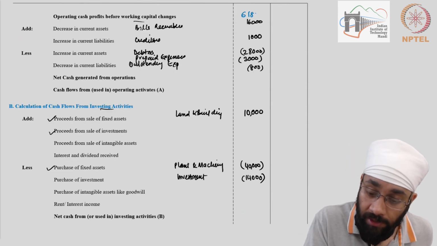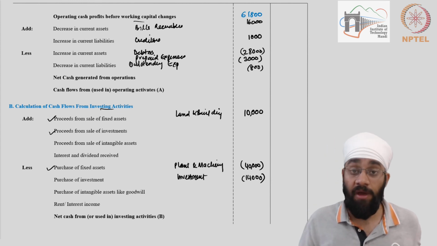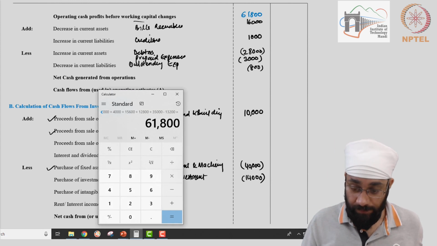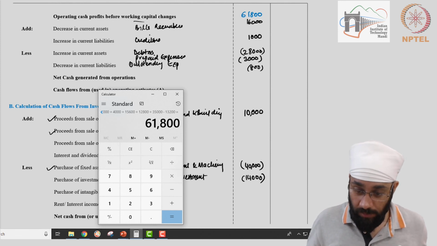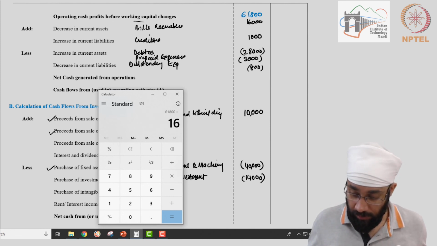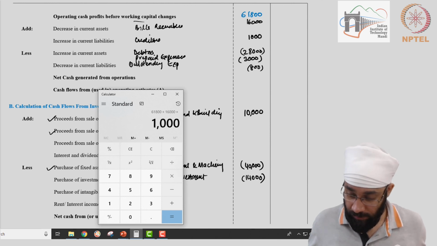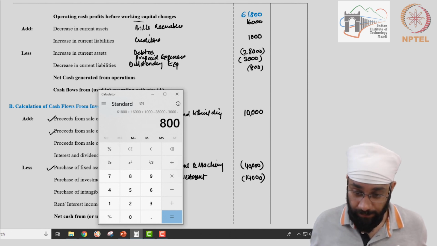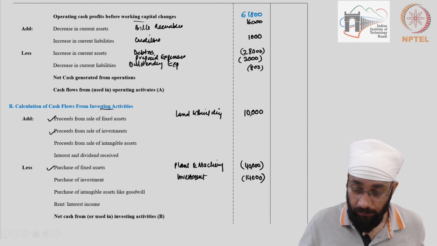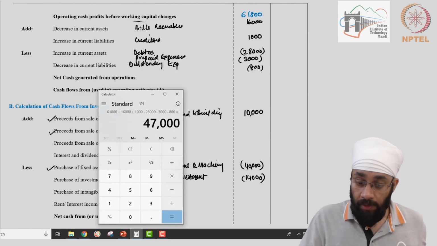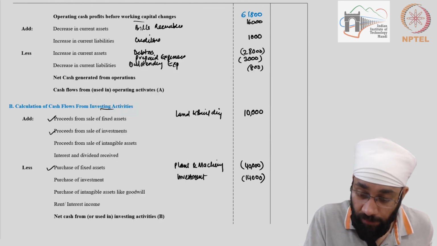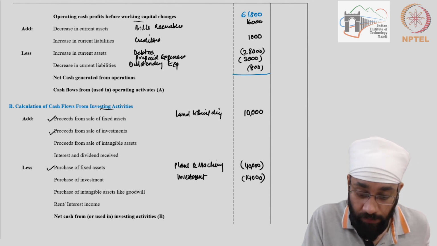61,800, I'll bring it here just for convenience, and we'll do the math again. After we do these calculations, we have 47,000 as the cash flow from operating activities.